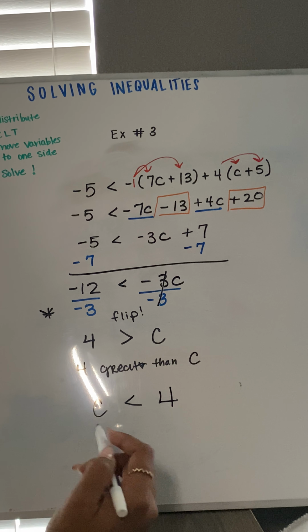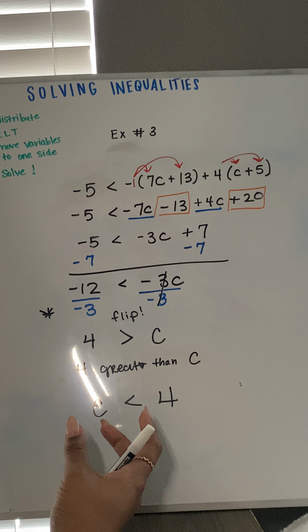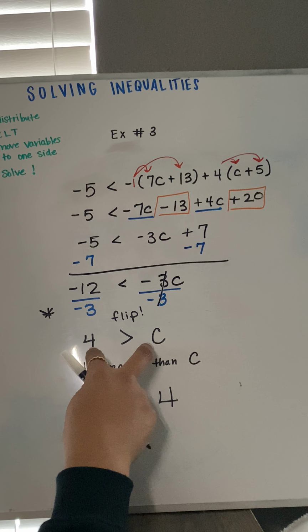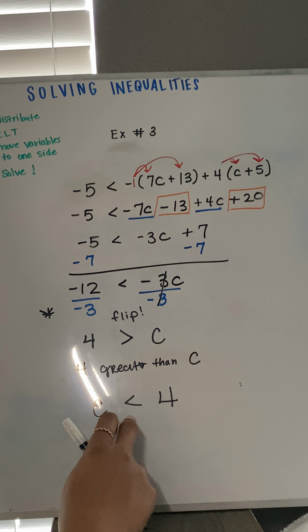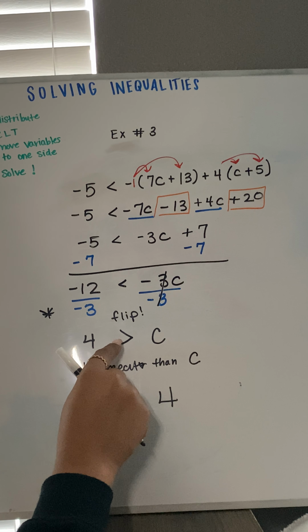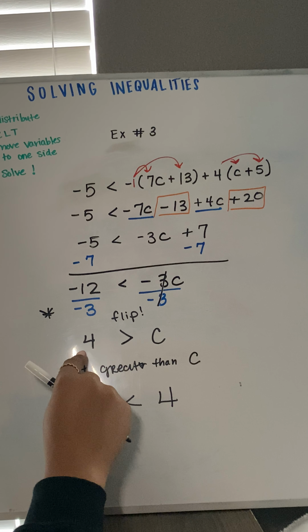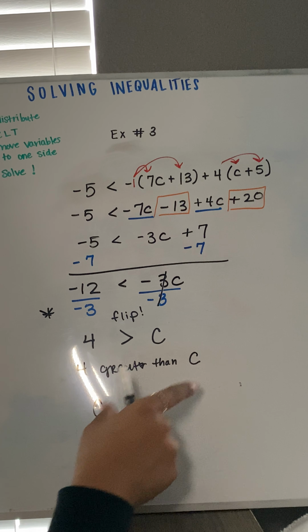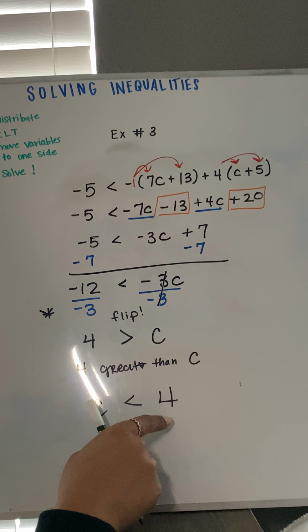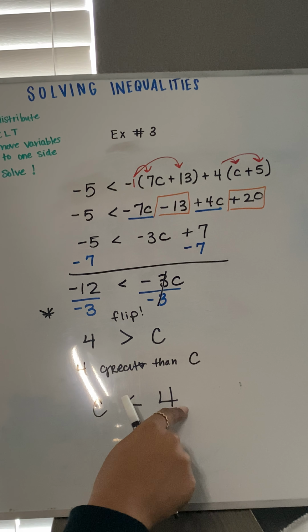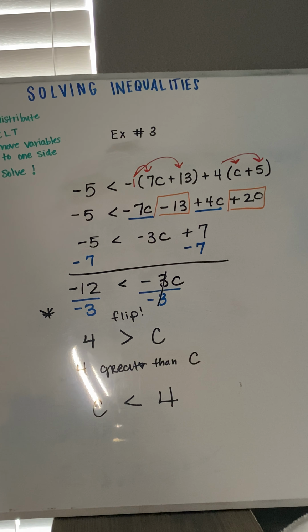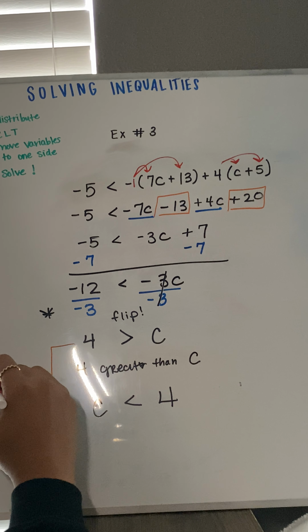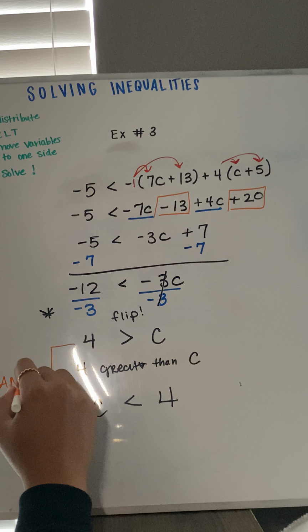When I do this switch, what I'm looking for is to make sure that if I switch these 2 things, I'm also switching the symbol in the middle. Notice that when I finish, the inequality is opening towards the 4 and pointing at the c. And when I rewrite it, it is still doing that same thing. It's opening towards the 4 and it is pointing at the c. So that tells me that even though these 2 things look different, these are actually the same.